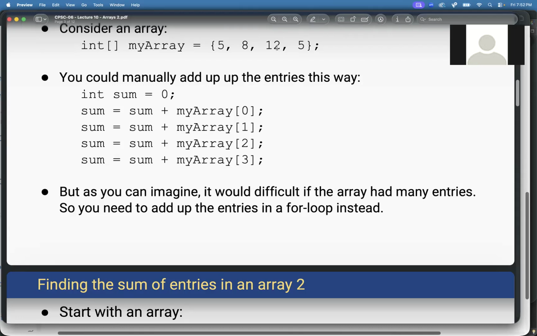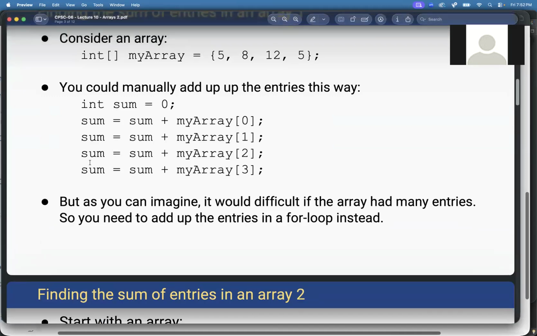So we add 13 and 12, and we end up with 25 after the third line. Then after the fourth one, we have 25 for the sum, and we add my array 3, which is 5. 25 plus 5 is 30, and that's the final result of the sum.